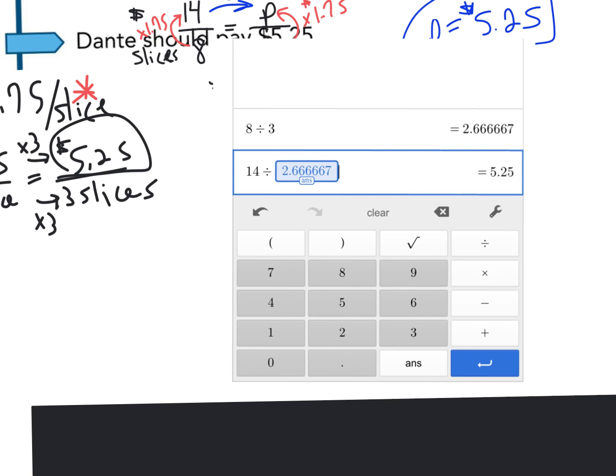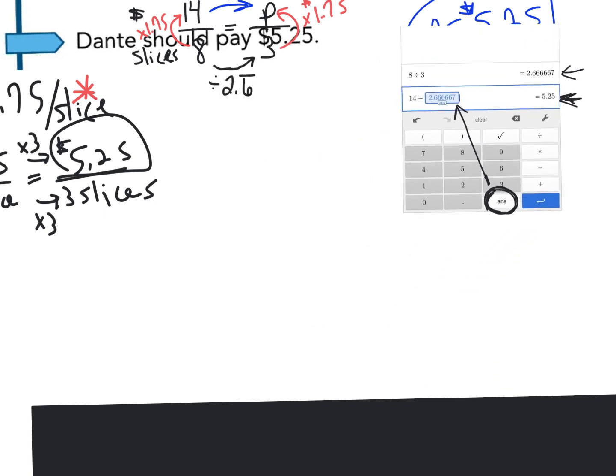And then you could do 14 divided by, and then it's got this button here, ANS, which means it remembers your answer exactly. So if you'll notice when I put that, whatever my last answer was that I got, it puts that in that spot. And then if you'll notice the answer I got, $5.25. And you have a similar option on your calculators that you use.